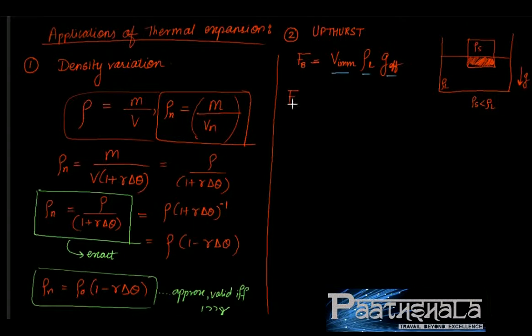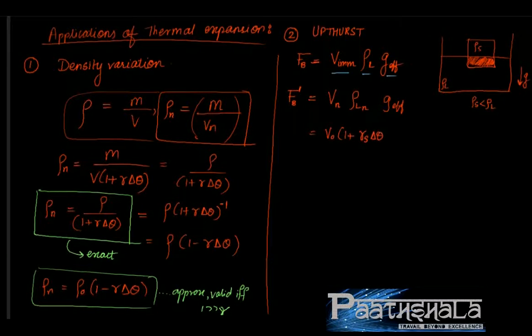Upthrust new, or FB dash, is equal to volume new into density of liquid new into G effective, right? But volume new is what? Volume old into 1 plus gamma of solid, because volume of solid is changing, into delta theta.